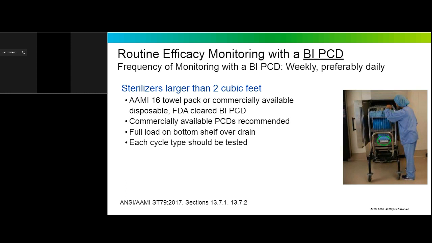And the PCD is placed on the bottom shelf over the drain, and each cycle type that you have should be tested. So if you're running both 250 gravity and 270 prevac, for example, on your sterilizer, you'd want to be sure to test each cycle type. And the frequency recommended in AAMI ST79 is weekly, preferably daily. But as we saw in the poll, most folks do it daily plus implants if they're not testing every single load.